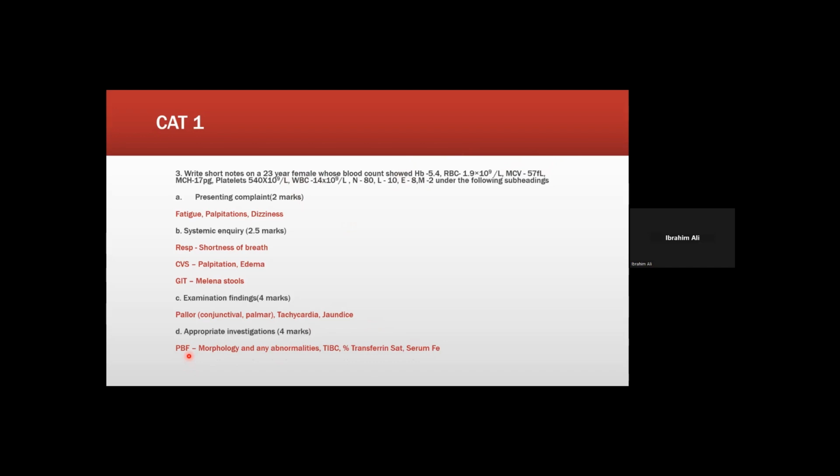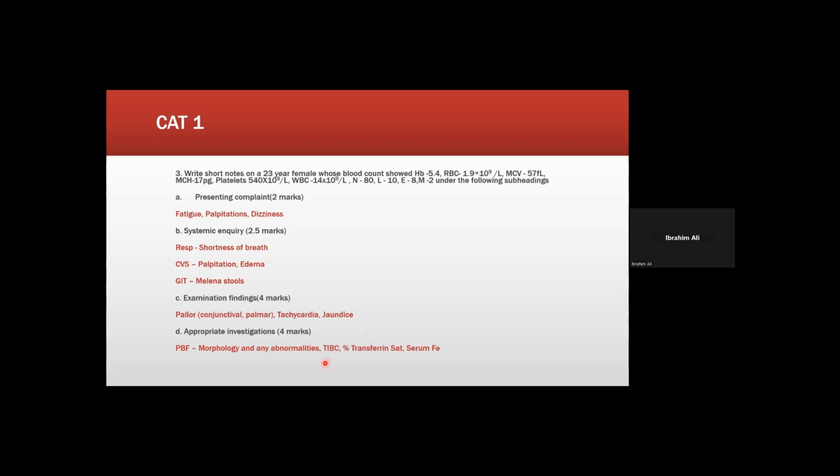So now you can leave the complete blood count, and we can talk of PBF, bone marrow, and the others. In PBF, you'll have morphological changes and any abnormalities. In your PBF, you'll see microcytes, and your RBCs will be smaller in size compared to a lymphocyte.